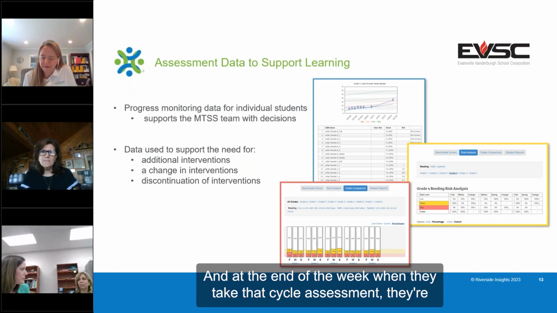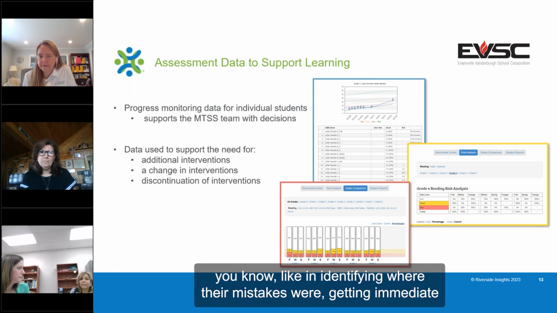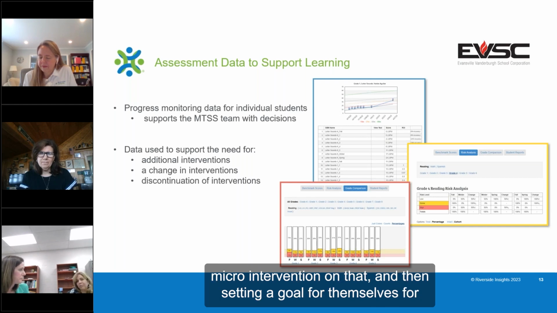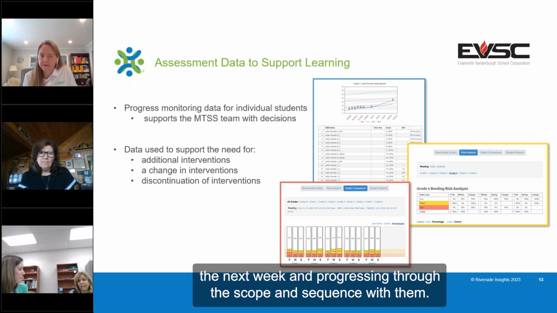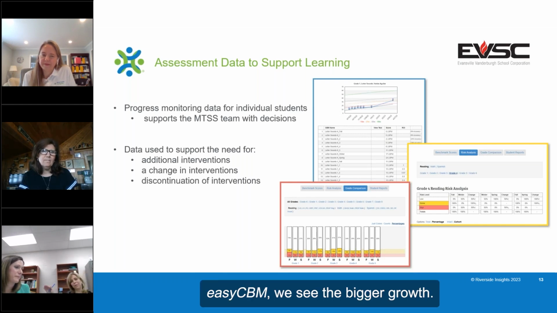And at the end of the week, when they take that cycle assessment, they're getting immediate feedback on what they did, identifying where their mistakes were, getting immediate micro intervention on that, and then setting a goal for themselves for the next week and progressing through the scope and sequence. So that takes them through the smaller scale of it. And then when we have easyCBM, we see the bigger growth.